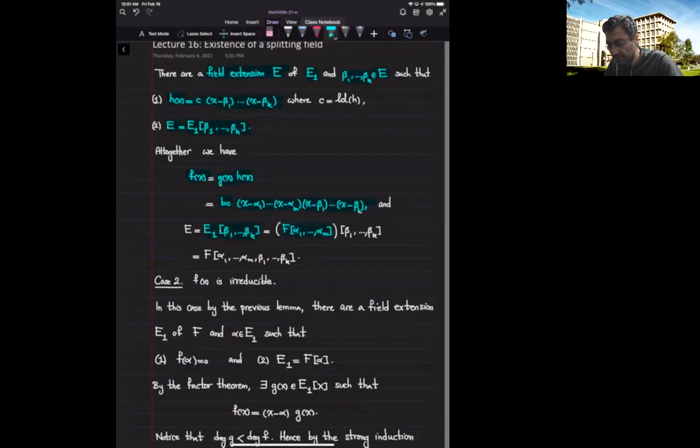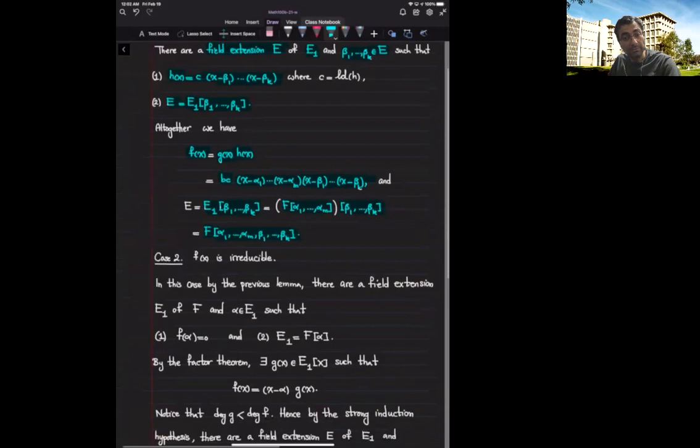So altogether, we get that this field is generated by F, the alpha i's, and the beta j's, which we denoted by this. So altogether, this proves the induction step when f is not irreducible.